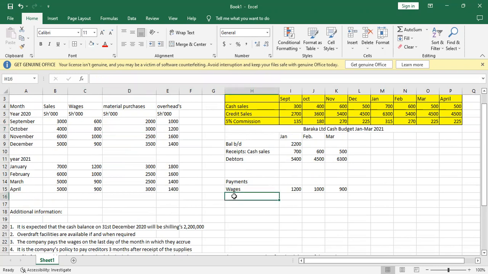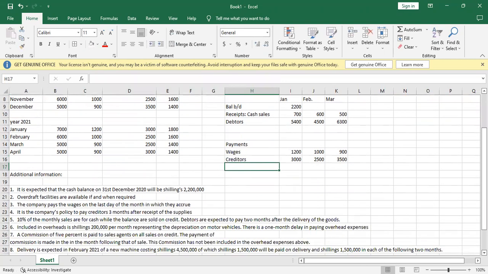So I'm talking of the creditors payments. So we are talking of 3,000. Then 3 months, 2,500 due in November, and then 3,500 due in December, right? Those are creditors. We are paying 3 months after the purchase.